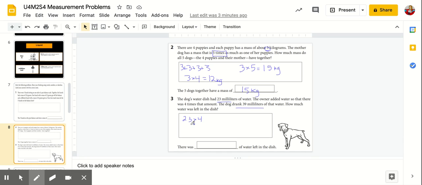So first of all, I look at this and I think, well, I don't know what 23 times 4 is, but I do know what 25 times 4 is, because I know that when I have 4 quarters in my pocket, which is 25 cents each, that equals $1, right? So I'm going to say 25 times 4 equals 100.